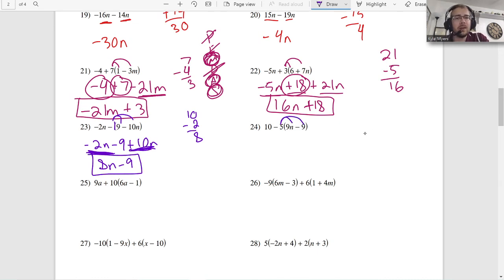All right, we're distributing. 10 minus 5. It's going to be minus because it's negative 5 times positive 9, which is a negative. Negative times a positive is a negative. I'll rewrite the smiley faces over here off to the side.